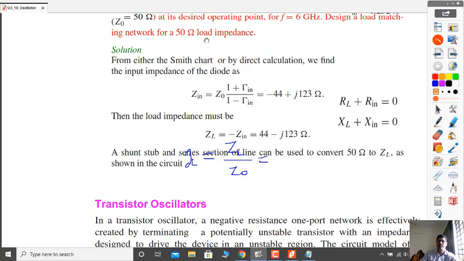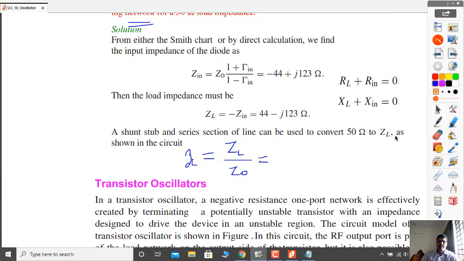Therefore, use 50 ohm to do the normalization on ZL. So this normalized value will be 0.88 minus j 2.46.